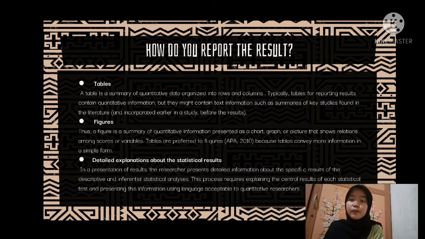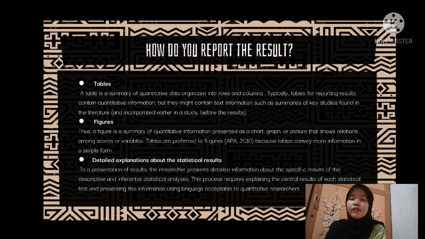Okay, next, report the result. Tables. A table is a summary of quantitative data organized into rows and columns. Typically, a table for reporting results contains quantitative information, but it might contain text information, such as a summary of case studies found in the literature or incorporated earlier in a study before the result.